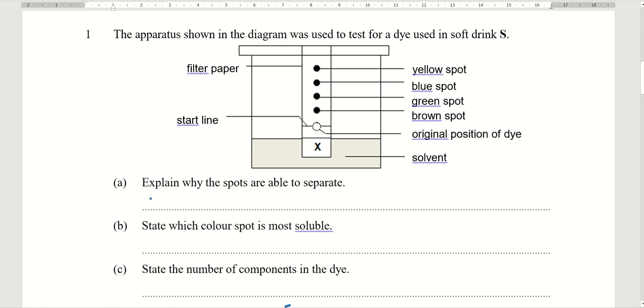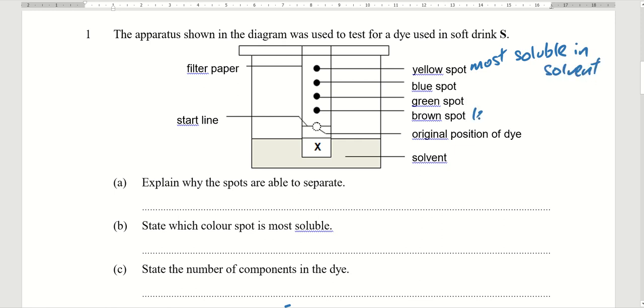But each dye has a different solubility. The more soluble one would travel the furthest, and the least soluble one would travel the least. So the yellow spot is actually the most soluble in solvent. Please take note how we read the whole thing.